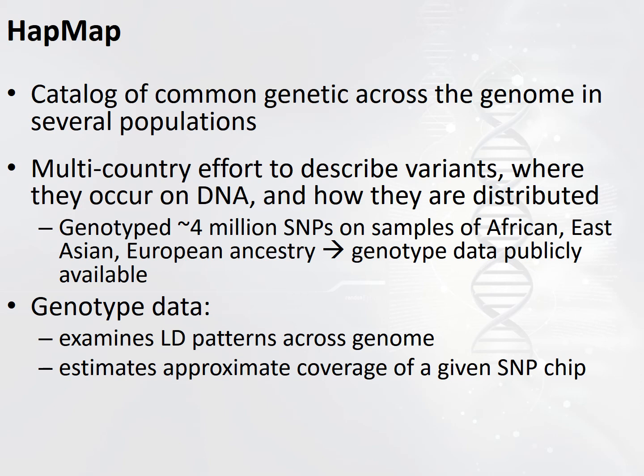For all these populations, millions of SNPs were collected and characterized, along with the linkage disequilibrium patterns across the genome, and they were made publicly available. So now, based on the known variants in a specific population, we can estimate the coverage of a particular SNP, and we can impute additional SNPs based on the tag SNPs that were used on that particular array.